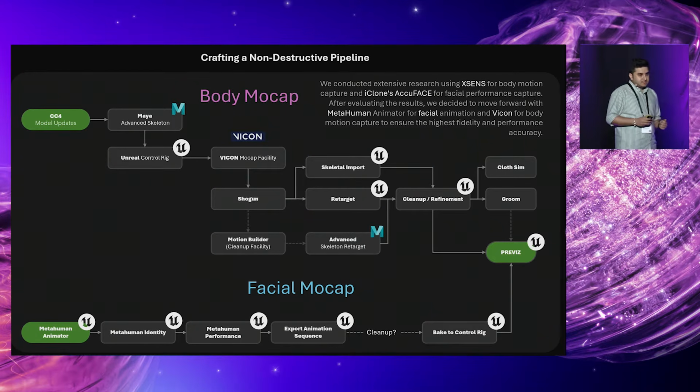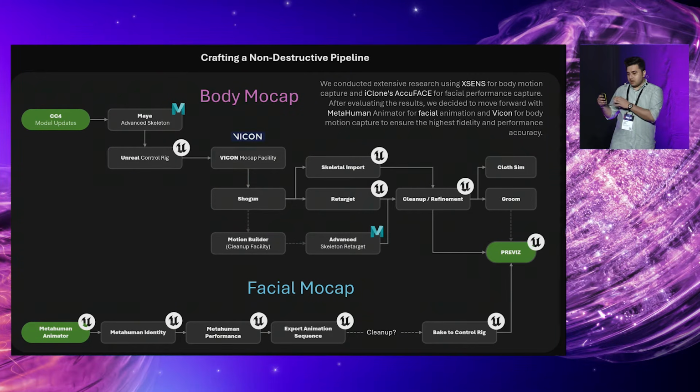We had Xsense and we had Vicon, but we saw that it's much better to go ahead with a Vicon facility if you have, because it allows multi-actor tracking as well. So if you want to shoot multiple people at the same time and also want very detailed finger animations, Vicon is the best.